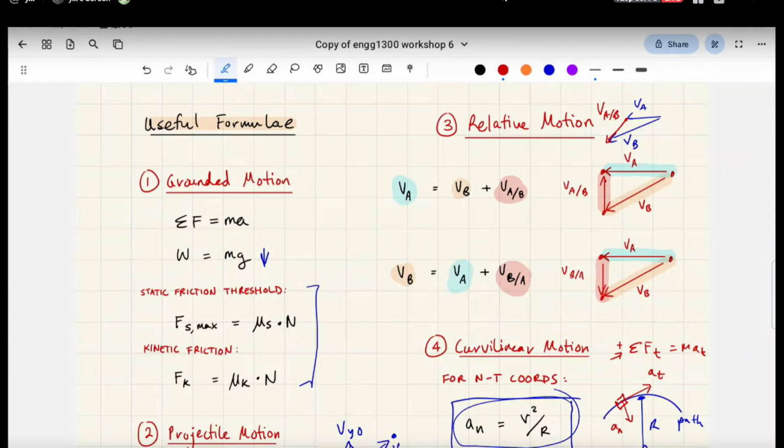And you will see in rigid body kinematics, you'll have to use the sine law or cosine law, mainly the sine law. So these triangles aren't always nice, basically.